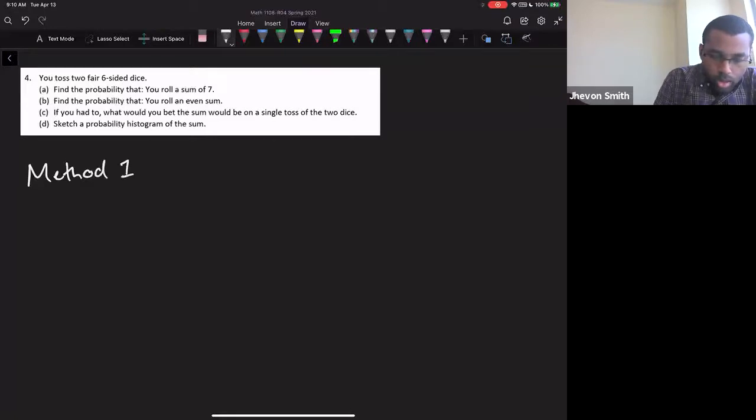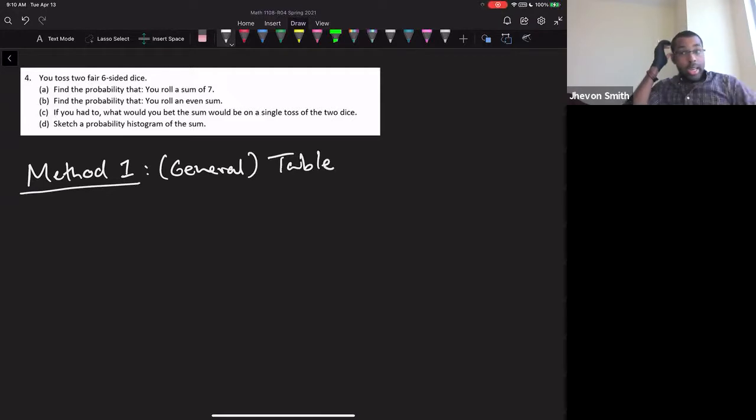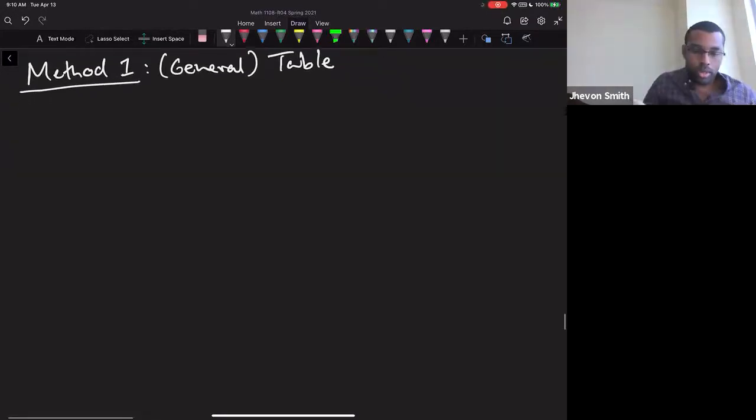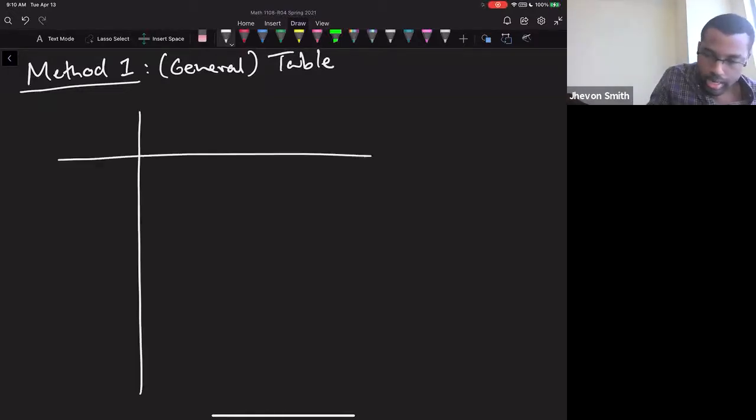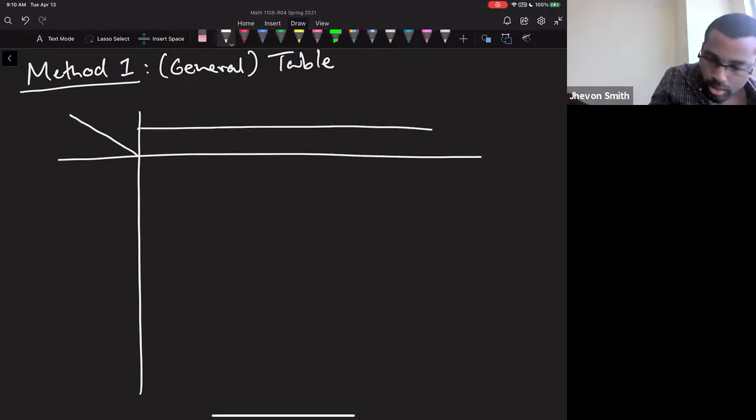So method 1, I would say this is the more general one. I would use the table. And I gave you a specific kind of table for something like this. So this is when we had this idea going, where you had die 1 options and die 2 options.